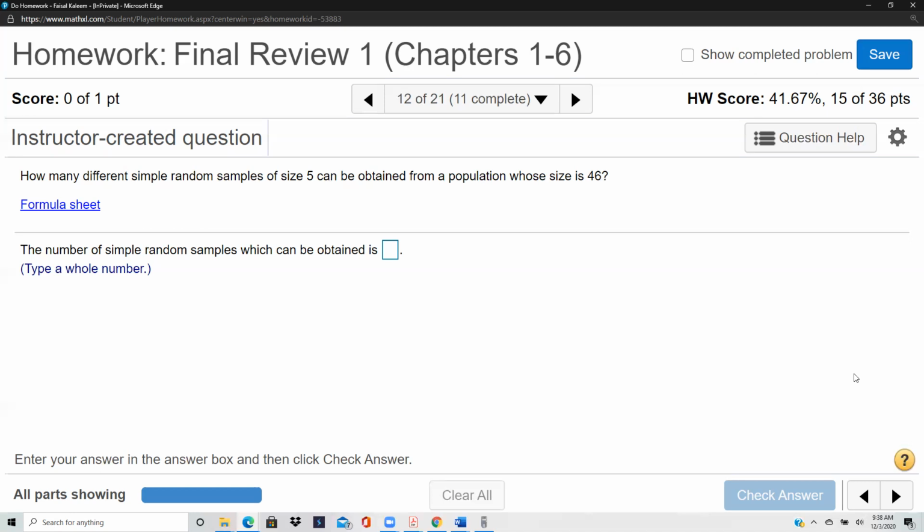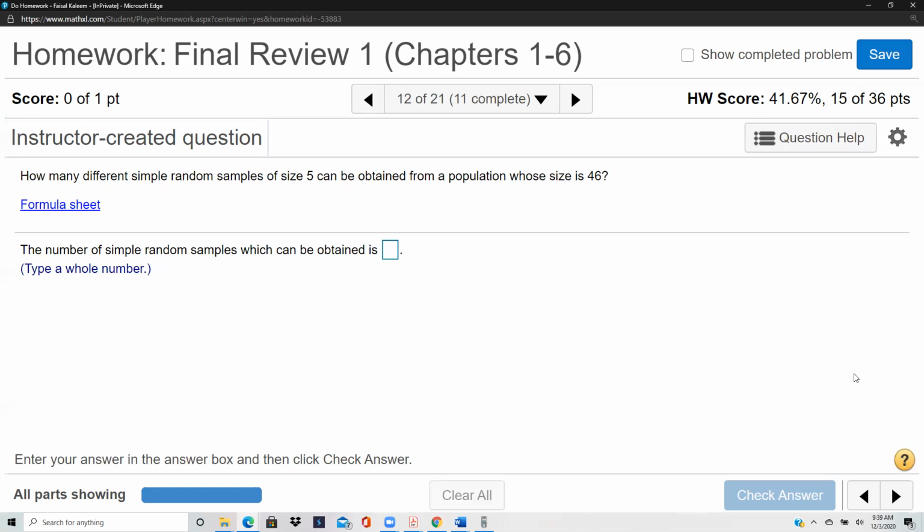So what's the difference between combination and permutation? Do you remember in one of them order matters and in the other the order doesn't matter?